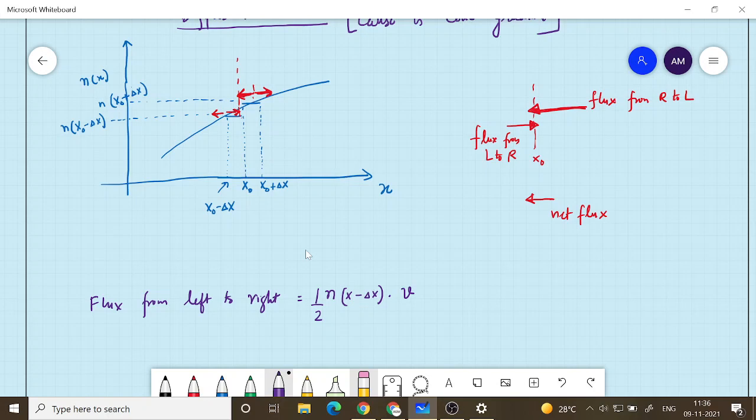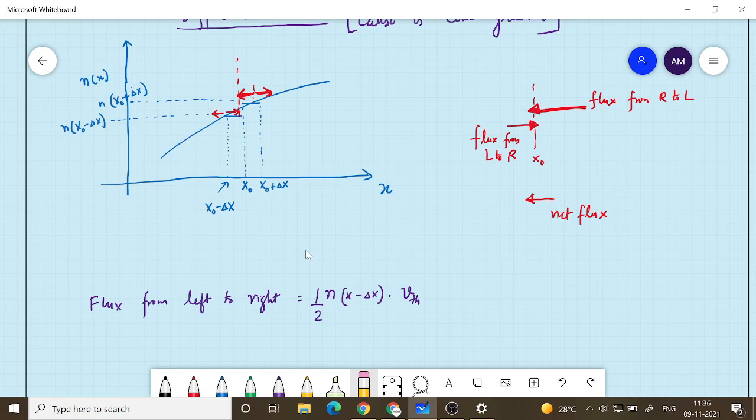I am writing it as n of x. The random velocity associated with it we call the thermal velocity. So Vth is the thermal velocity of the electron, not really the drift velocity. So flux from left to right is the concentration multiplied by the thermal velocity divided by 2.